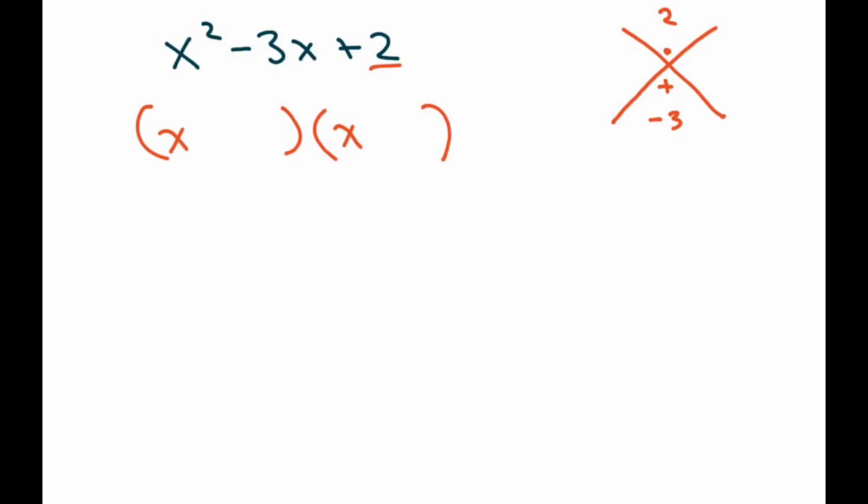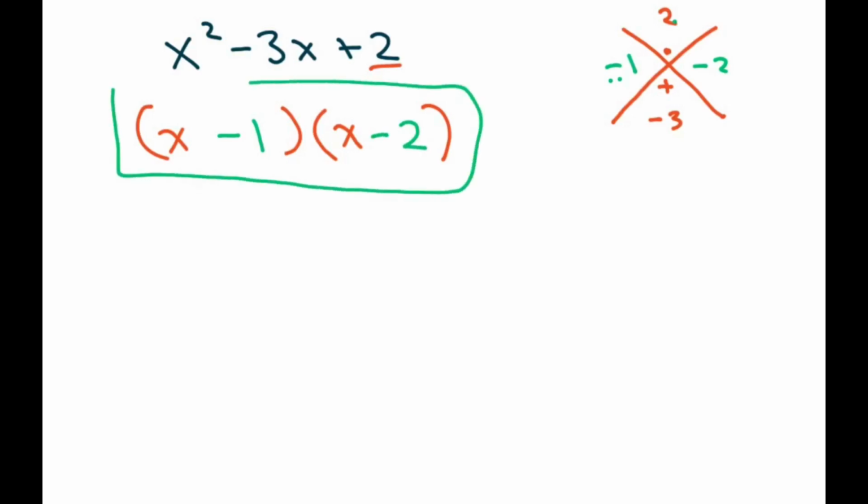So the two numbers would be -1 and -2, because -1 times -2 gives you 2, but -1 plus -2 gives you -3. So that would be -1, -2. And we just factored our trinomial.